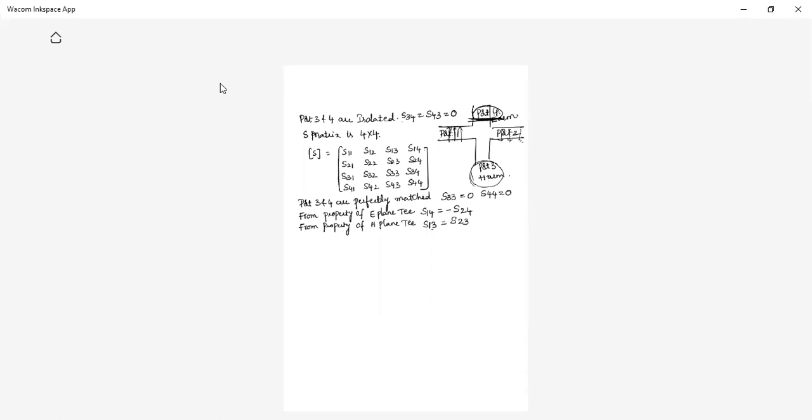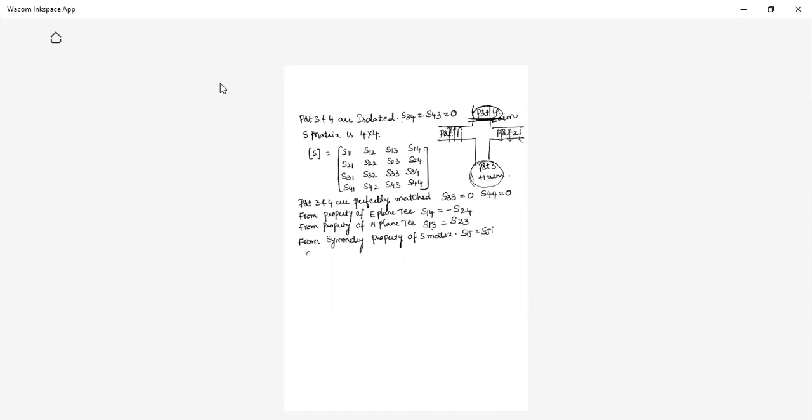Now we have the properties of S matrix. What is the first property I should apply? From symmetry property of S matrix. From symmetry property of S matrix, what can we write? Sij is equal to Sji.